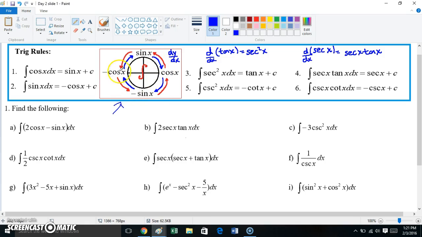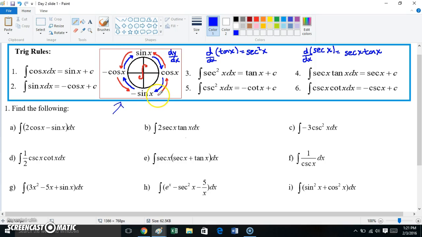If you look at this circle going clockwise, the derivative of sine is cosine, the derivative of cosine is negative sine, the derivative of negative sine is negative cosine, and the derivative of negative cosine is positive sine. And this is a cyclic pattern.